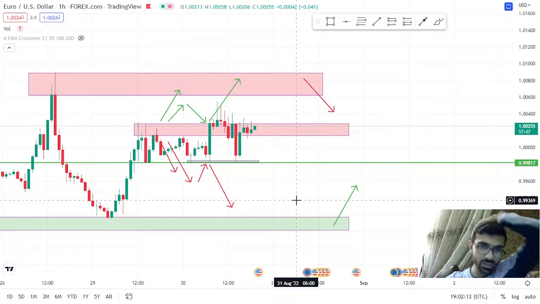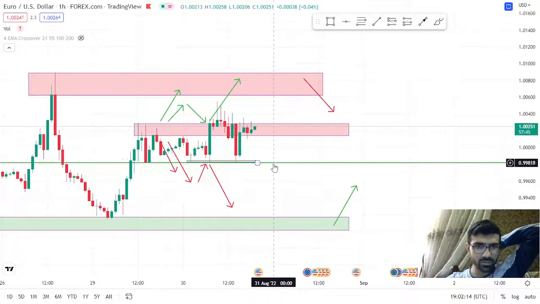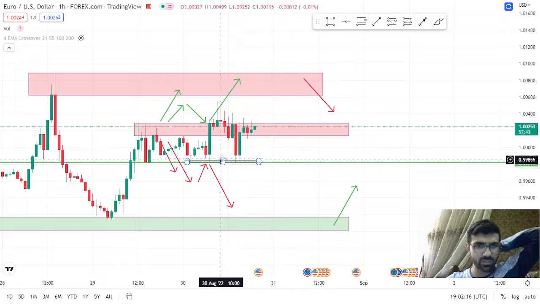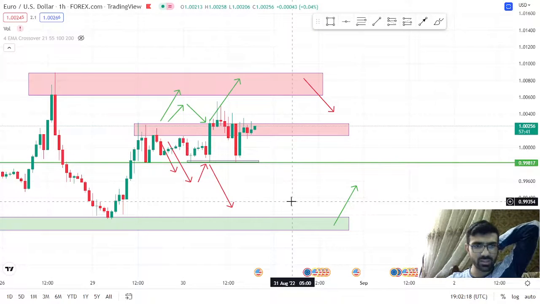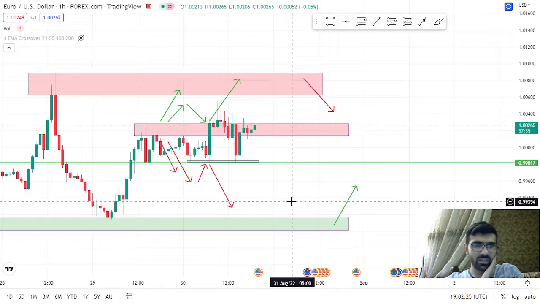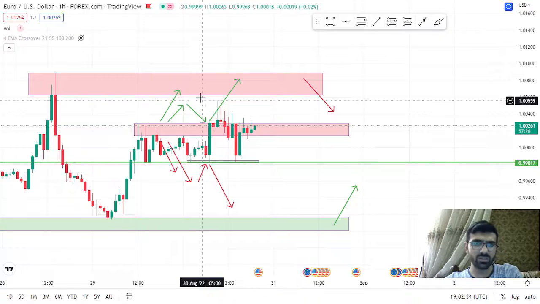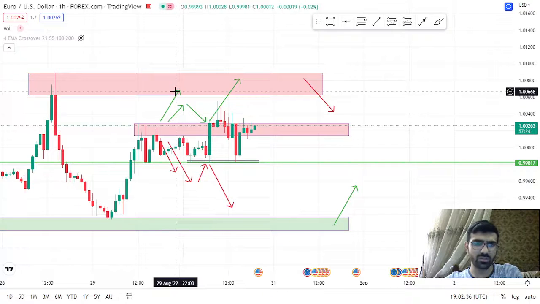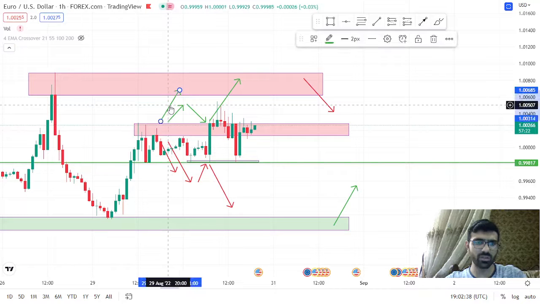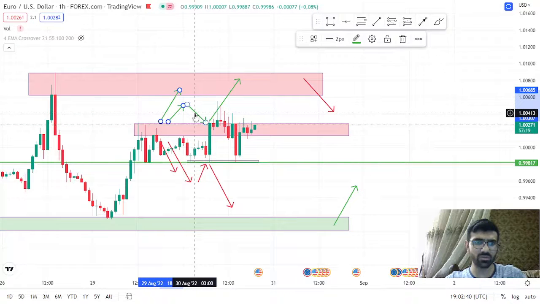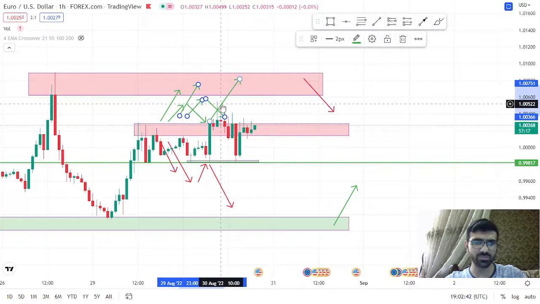This support is also still valid, and even this support is still valid, but there is a good chance that these areas... Yes, today, as you can clearly see, this support was respected, so I'm expecting the market to go up further. So I am going to remove the previous scenarios first, and I'm going to give you fresh scenarios.